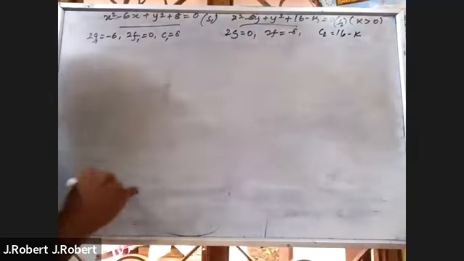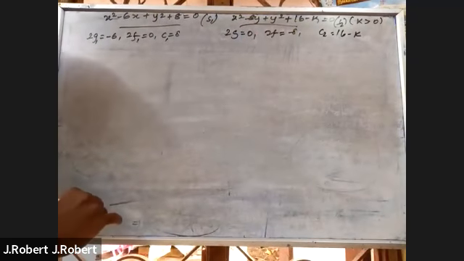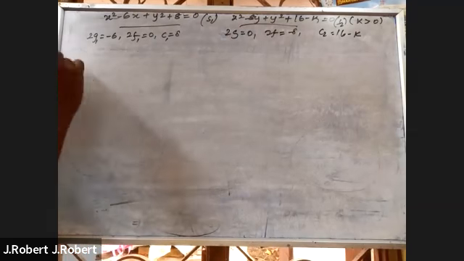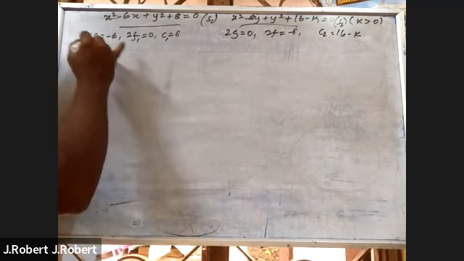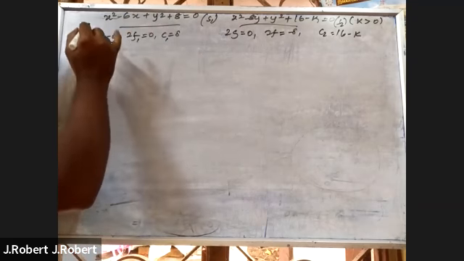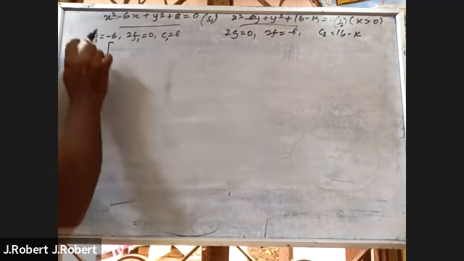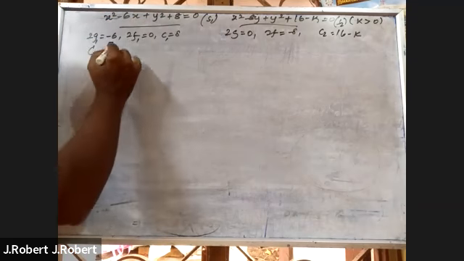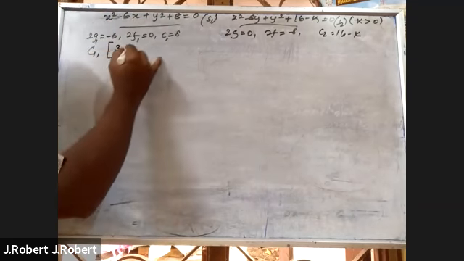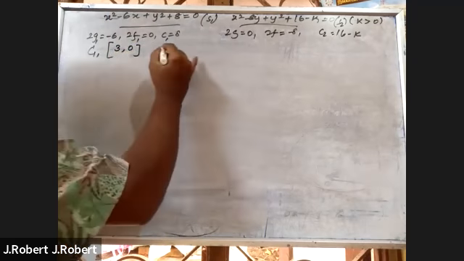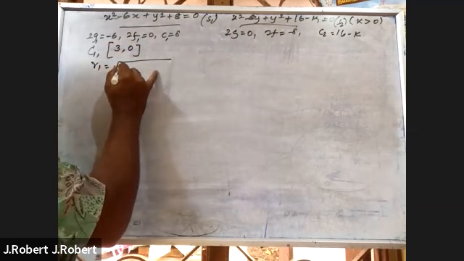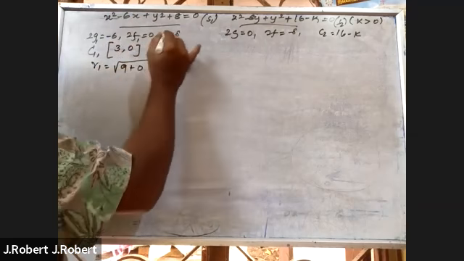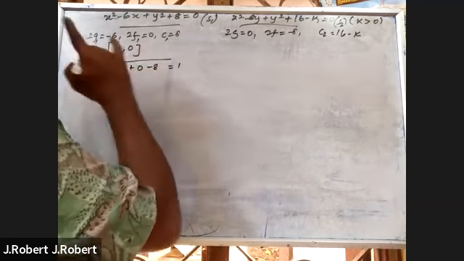Now look, observe carefully. First we need to find the center. The first center, capital C1, is minus g comma minus f. The value of g is -3, so minus g is 3, and the value of f is 0. Next the radius r1 is square root of g square, 3 square 9, plus 0 minus 8, which is equals to 1.